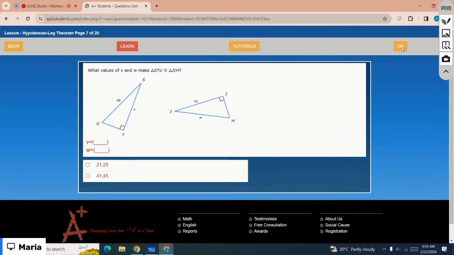Yes, the correct option is option number 2. That is 41 and 45. Option number 2 is the correct option, right?